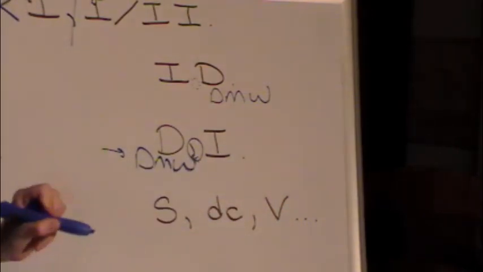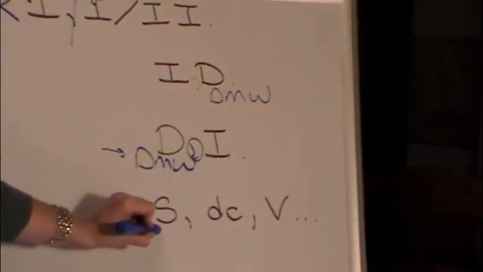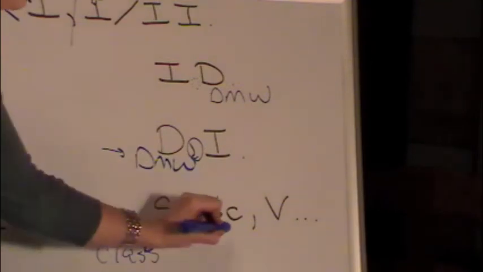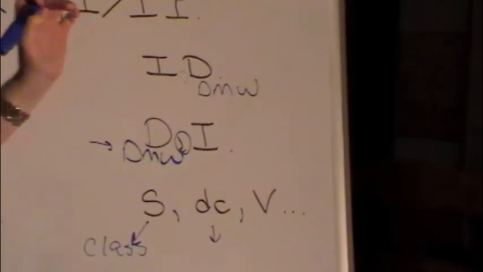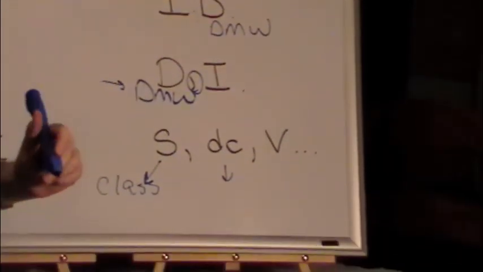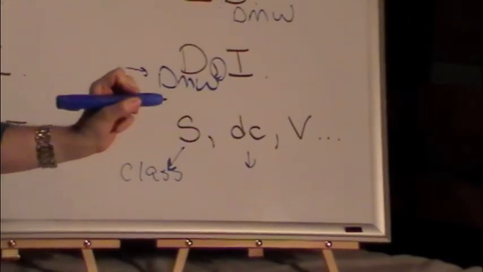Okay, now for the last example. In this pattern of sentence, I call it the SDCV pattern. Okay? So S is going to stand for subject. And so that's going to be the class. Okay? Then the dependent clause comes in between the 2 commas, which is very interesting. Okay?